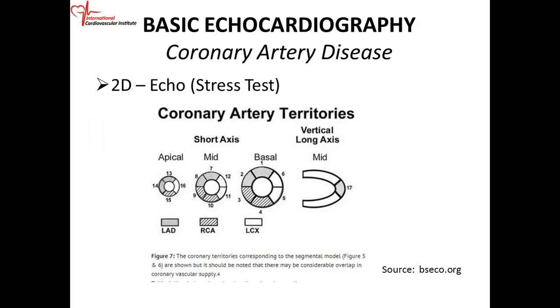The maximum heart rate is 220 minus the patient age, and all you need to do is get 85% of that. So first you have to calculate the maximum heart rate, which is 220 minus the patient's age. And for the test to be a good test, the patient needs to achieve 85% of the maximum heart rate.